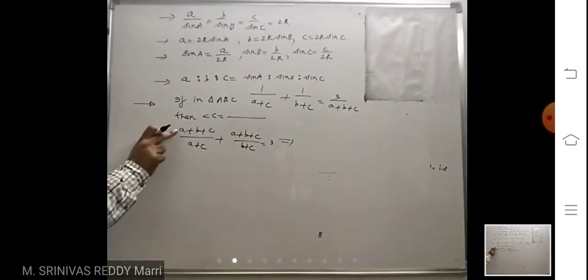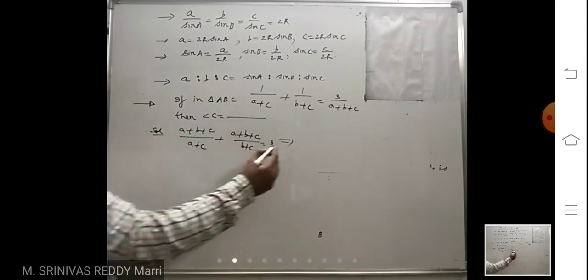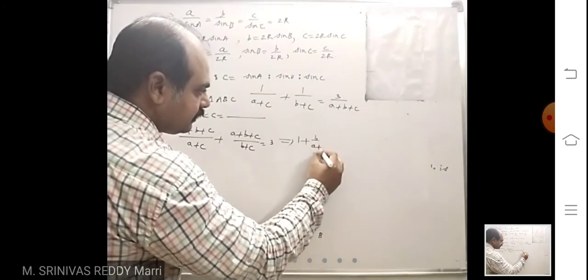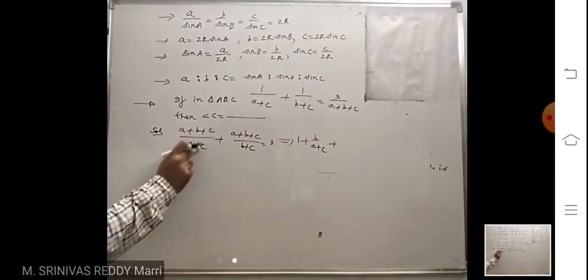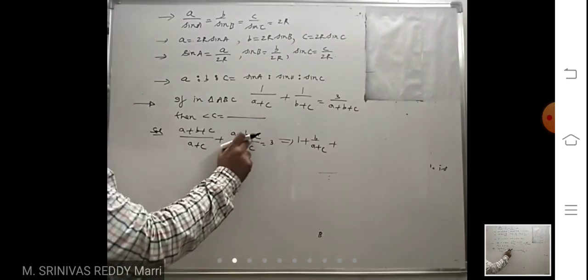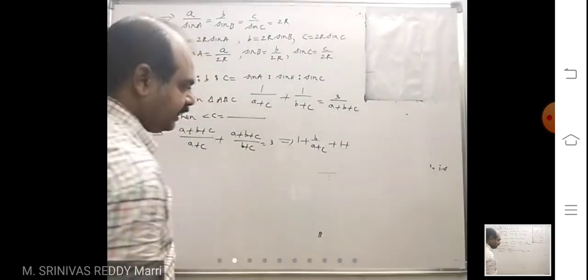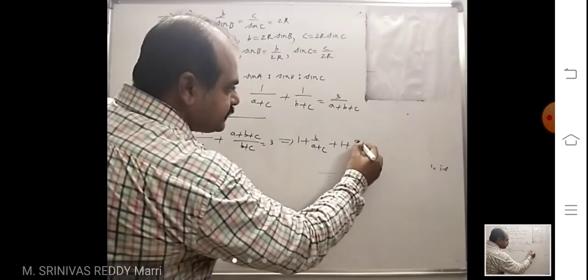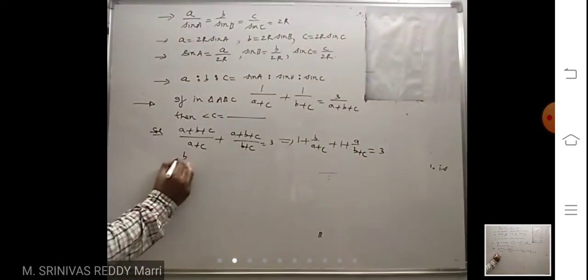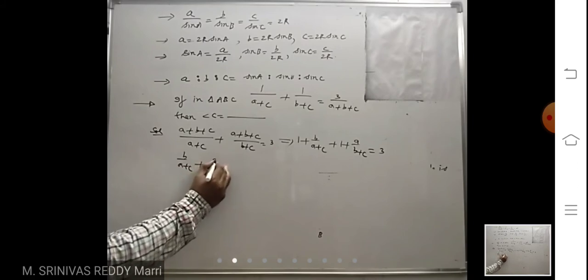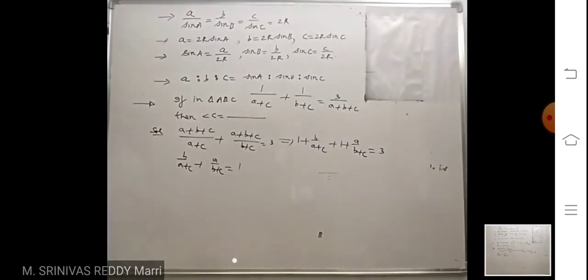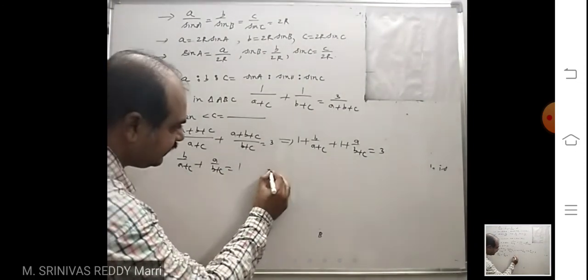Now I am splitting this one: (a+c)/(a+c) is 1, plus b/(a+c). Similarly (b+c)/(b+c) is 1, plus a/(b+c), equal to 3. Now here, b/(a+c) + a/(b+c) = 2 bring that side, 3 minus 2, 1.